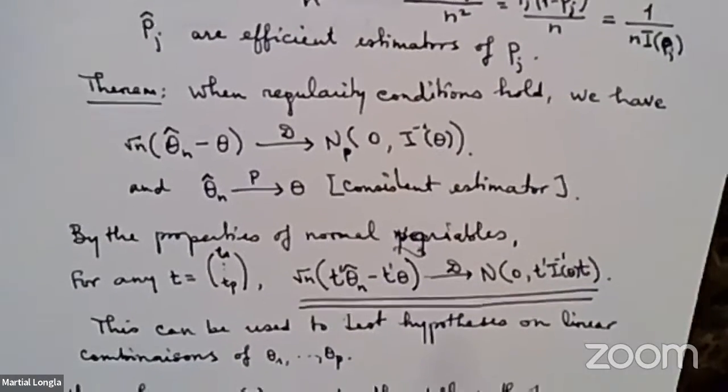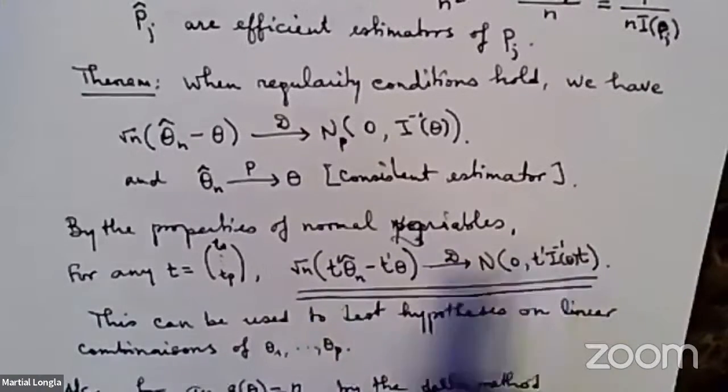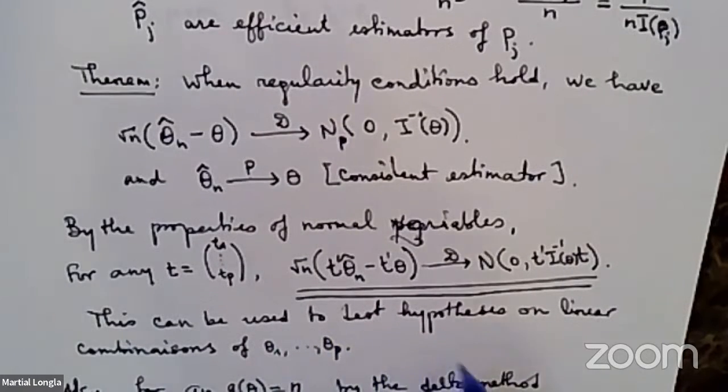And down there, I say you can use this fact to test hypotheses on linear combinations of theta 1 through theta p. That is, theta 1 through theta p is always what the variable theta is in this class.